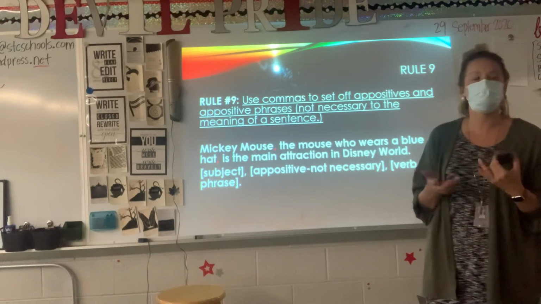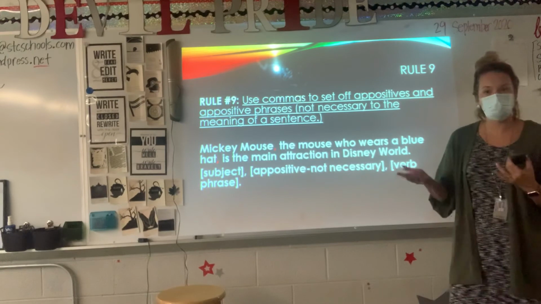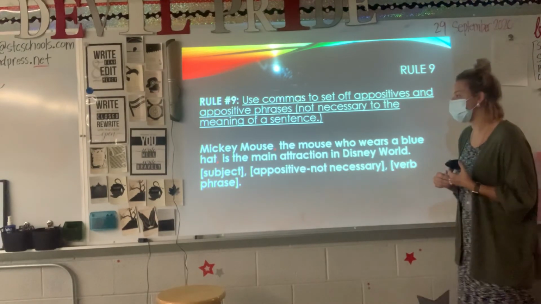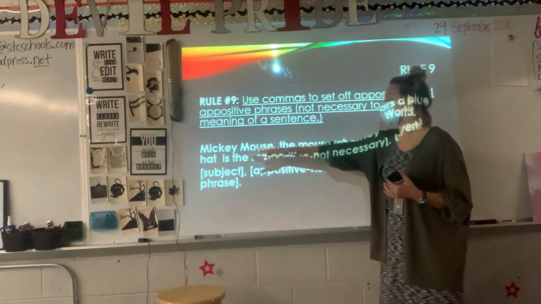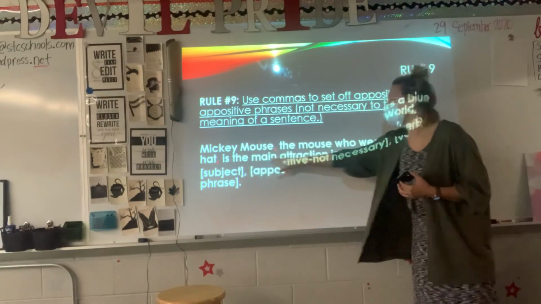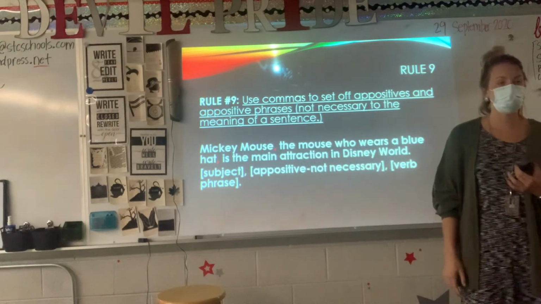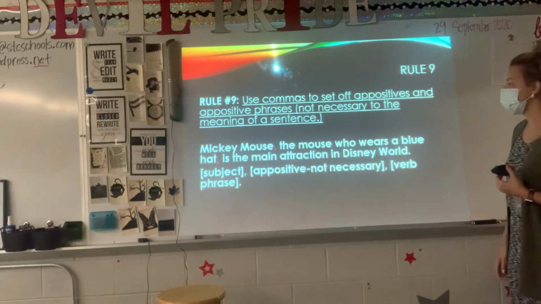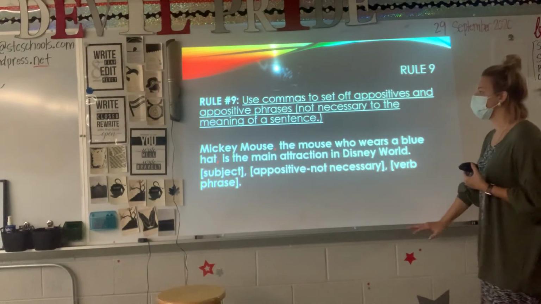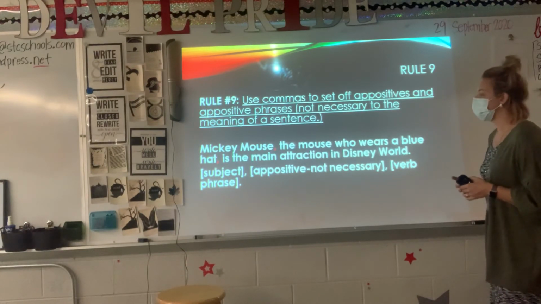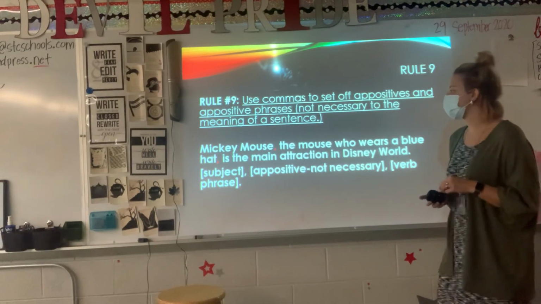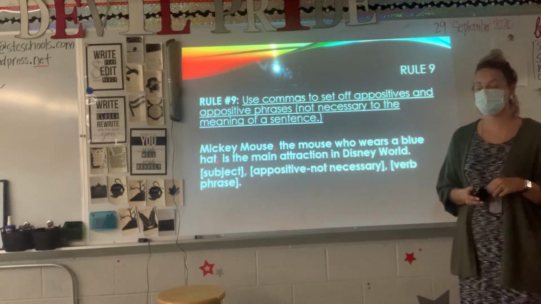It gives me more information about the person, place, thing, idea that I'm talking about. So you can test to make sure you did it correctly by reading what's outside of the commas to make sure it's a complete thought. So go ahead, give rule number 9 a go. And that information is not necessary to the meaning of the sentence.